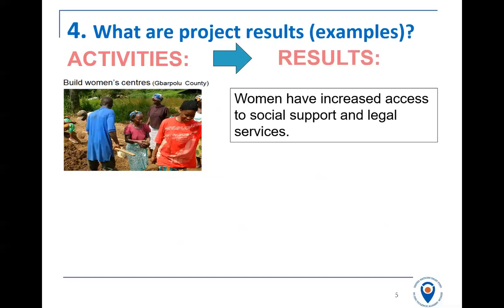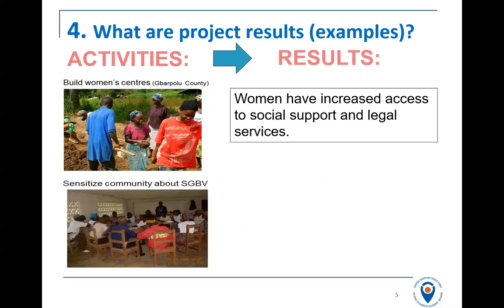So at your activity level in your results framework, you may have activities such as building centers or writing information notes, writing pamphlets, but it's actually what the women and your beneficiaries do with that is the result. Another example could be that in your projects you're going out and training the community. You're sensitizing them about sexual and gender-based violence.